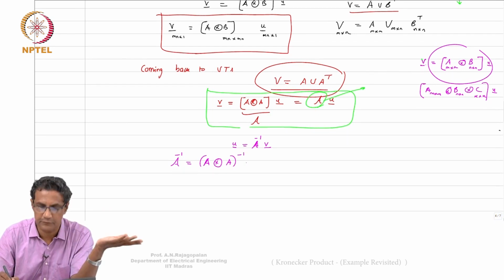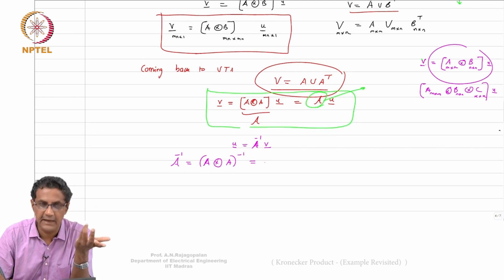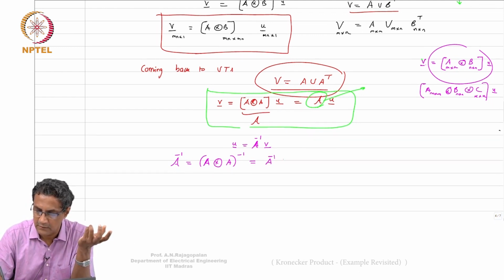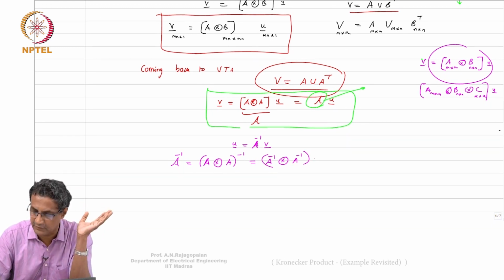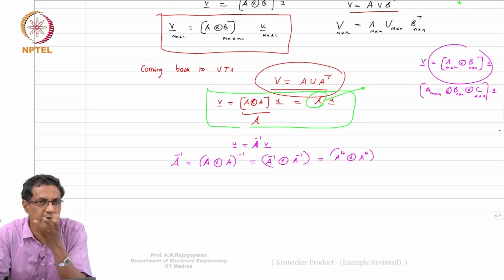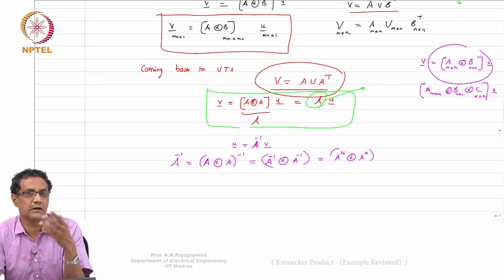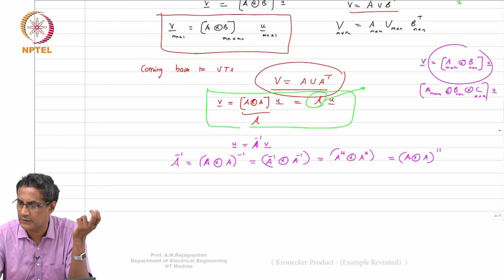If you go back to the Kronecker property, this is A inverse Kronecker A inverse. But A inverse we already know exists, because we came from 1D. This is A Hermitian Kronecker A Hermitian. Then if you again use the property that the conjugate transpose of A Kronecker B is A Hermitian Kronecker B Hermitian, this will be simply A Kronecker A, whole Hermitian.